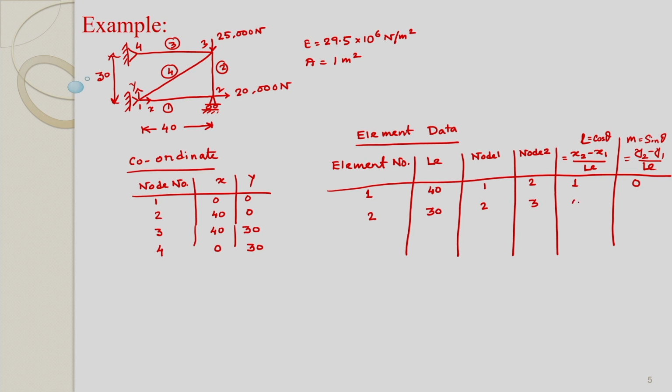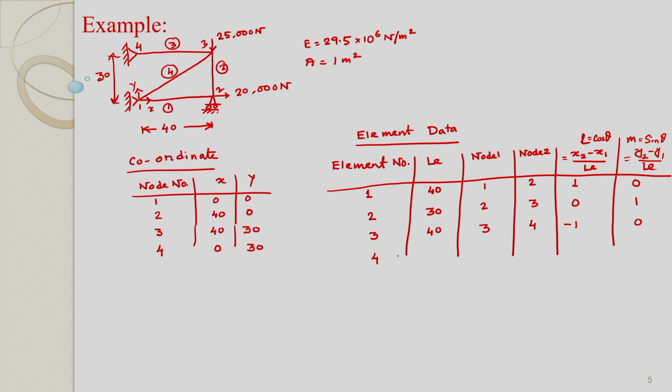Here L is 0, M is 1. Now for element 3, element length is 40. So, it is 3 to 4. Now, because node 1 is 3 and node 2 is 4, so your L will be minus 1 and M will be 0.